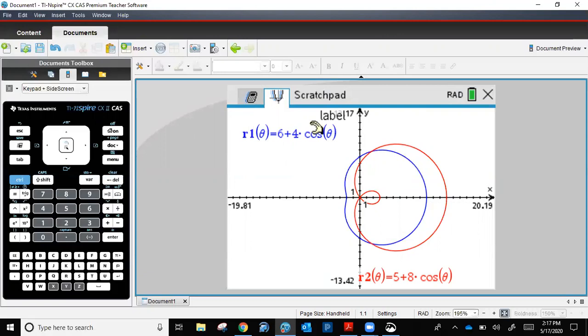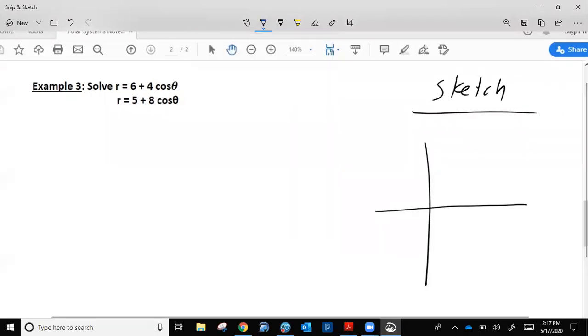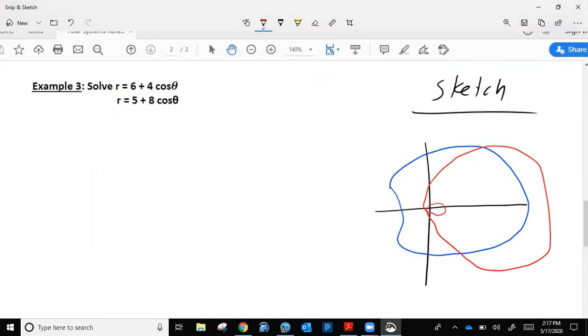So sketch this thing out. And again, it's a rough sketch. Something kind of like this, and something kind of like that.